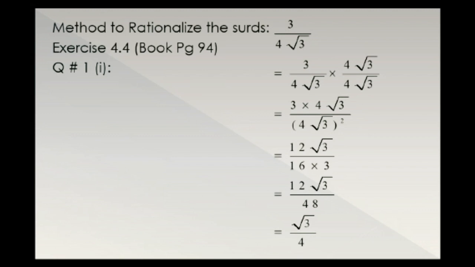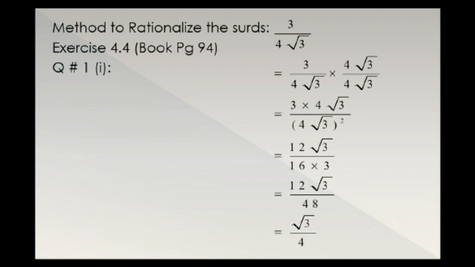We will do the straight multiplication: 3 multiplied by 4 under root 3, divided by 4 under root 3 multiplied by 4 under root 3. The same factors are going to multiply with each other, so we will take it as a whole square.